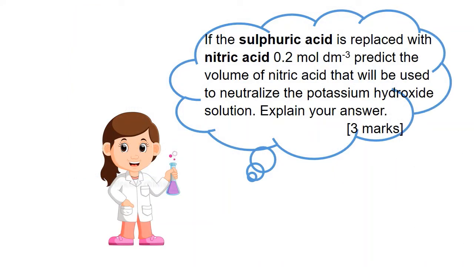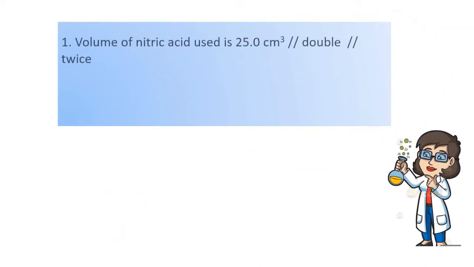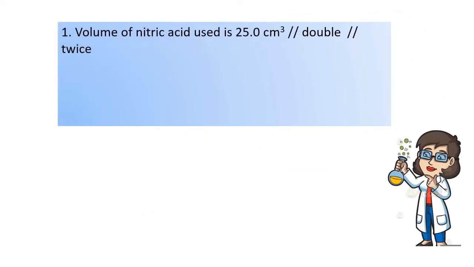If the sulphuric acid is replaced with 0.2 molar nitric acid, predict the volume of nitric acid that will be used to neutralize the potassium hydroxide solution. Explain your answer. If sulphuric acid is replaced by nitric acid, the volume of nitric acid used to neutralize the potassium hydroxide solution is 25 cm³, or double, or twice.